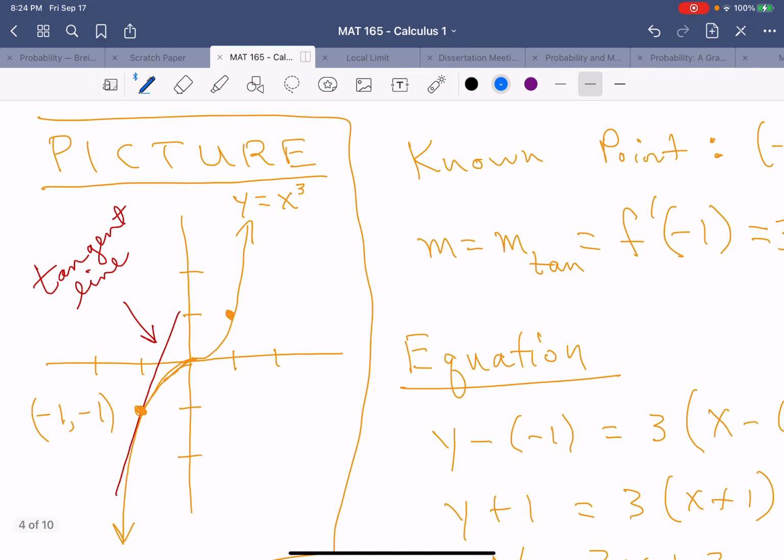So here's our picture. And if you remember from algebra class, the curve y equals x to the third, that's sort of the paperclip function, if you will. It's sort of like you've taken a paperclip and bended it one way. And that function x to the third is symmetric about the origin. Now, what do we mean by that?